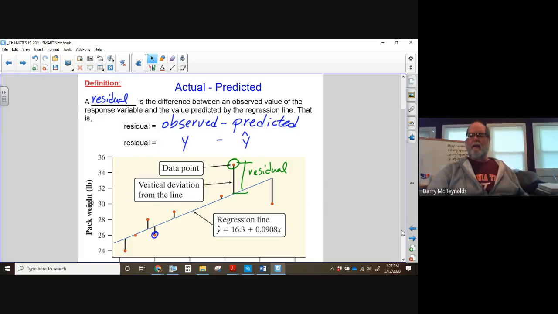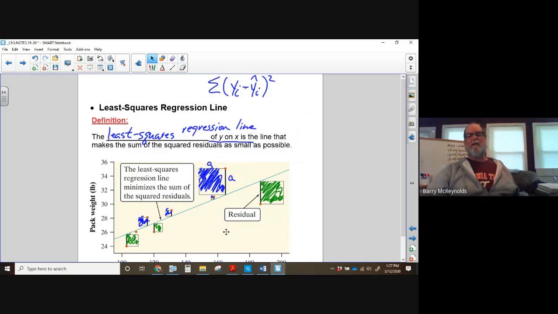And in fact, I think in the next graph, it's more about the average area below the line versus the average area of the residuals above the line. And that's why we call it the least squares regression line.